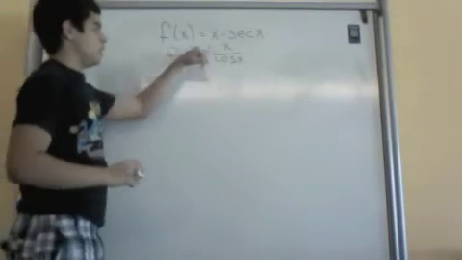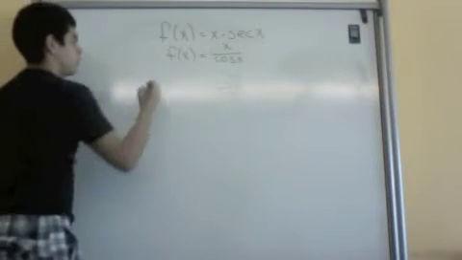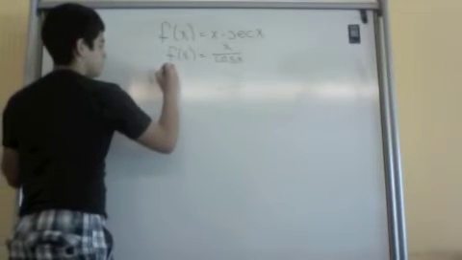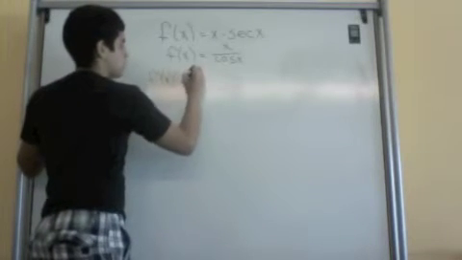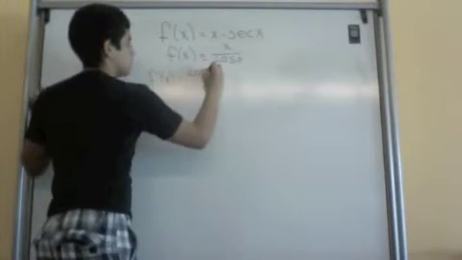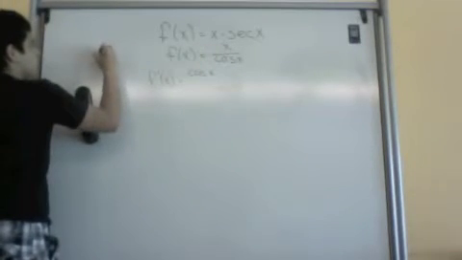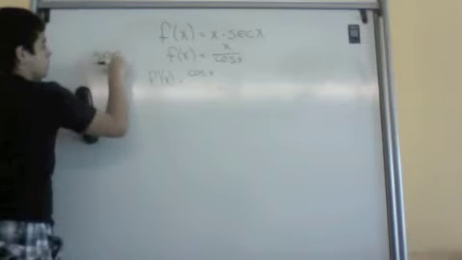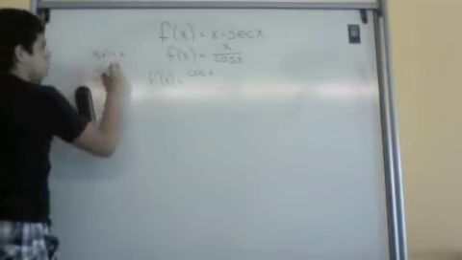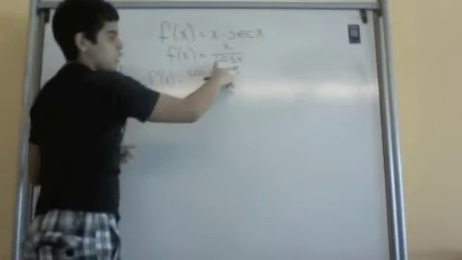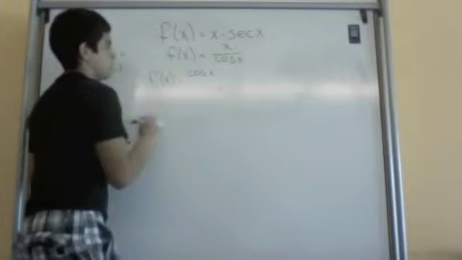Now, we have a division of two functions. So what we do when we're finding the derivative of such functions is, we have the denominator times the derivative of x. So g of x is equal to x, and g prime of x is equal to 1. So it's the function that's in the denominator times the derivative of the numerator.